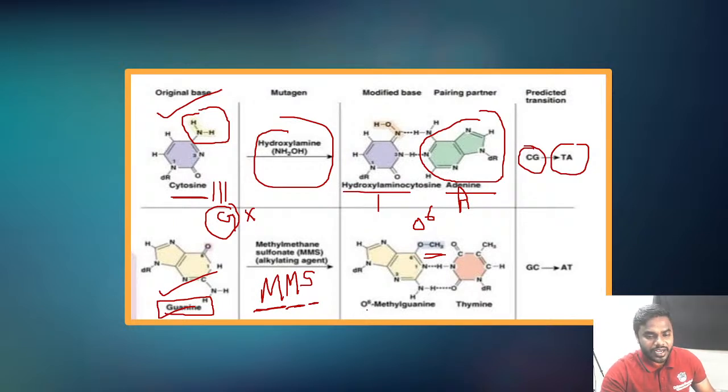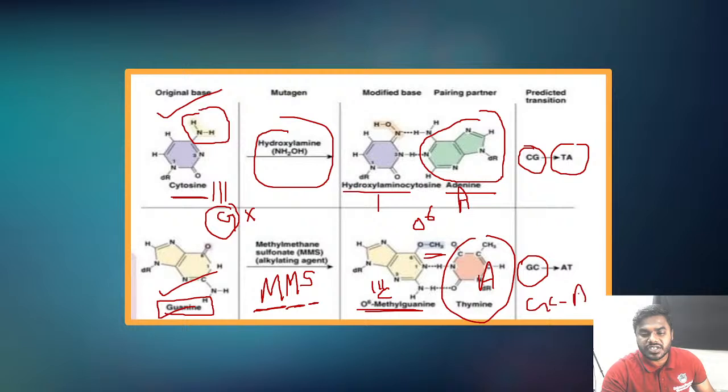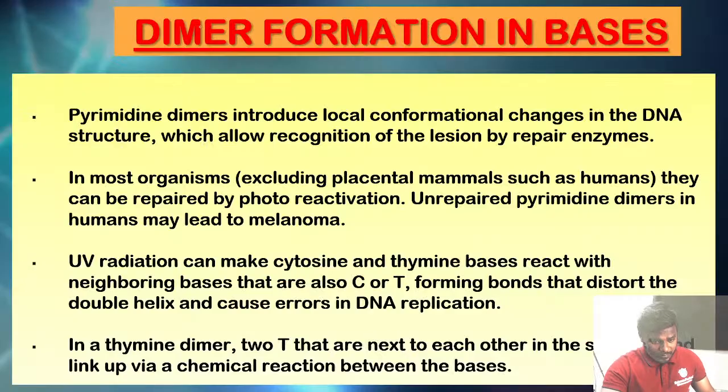So we call it O6-methylguanine. We all know that guanine originally has to pair with the cytosine, but this O6-methylguanine, instead of pairing with the cytosine, is paired with the adenine. Once again, the transition completely changed from GC to AT. One of the dangerous mutations, I already told you.